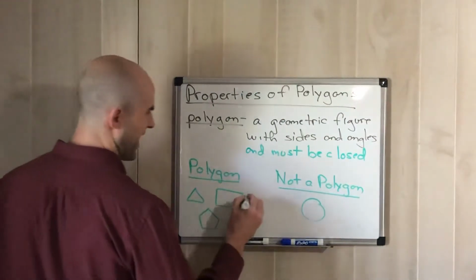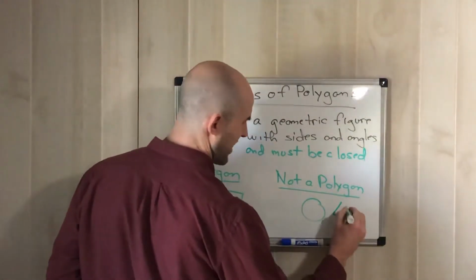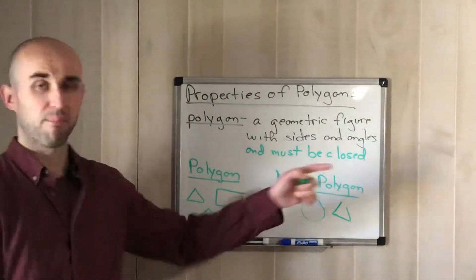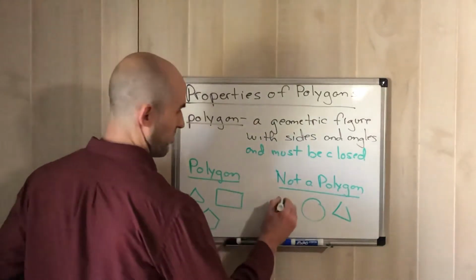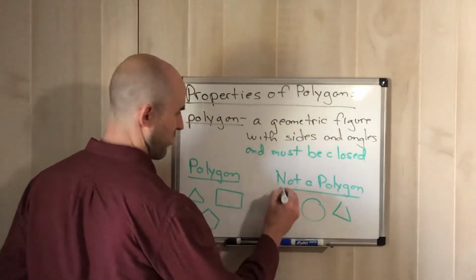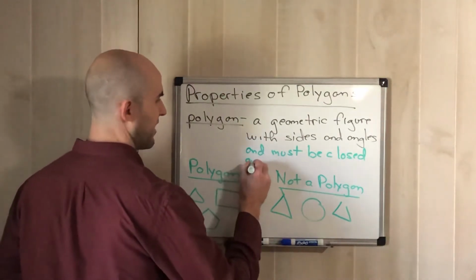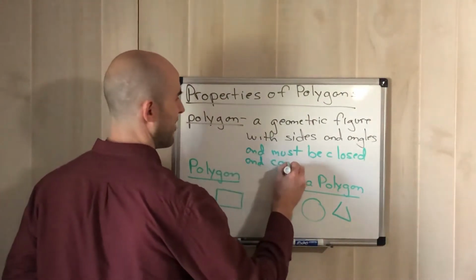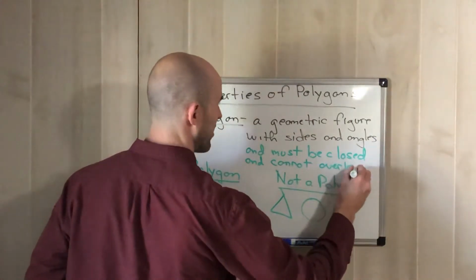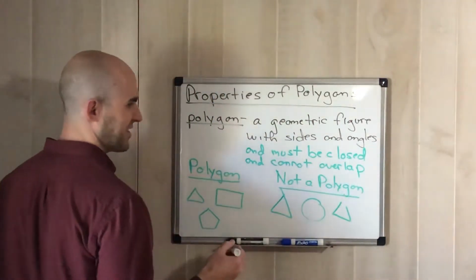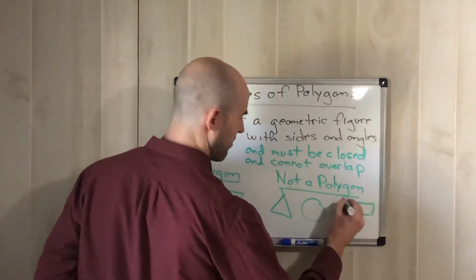The reason why I'm saying that, imagine drawing a triangle. Imagine drawing a figure with 3 sides that stays open. Not a polygon, right? It has to stay closed. Also, it can't overlap, right? By overlap, I mean it can't go past itself. So if we're thinking about a quadrilateral that overlaps, that wouldn't be it.